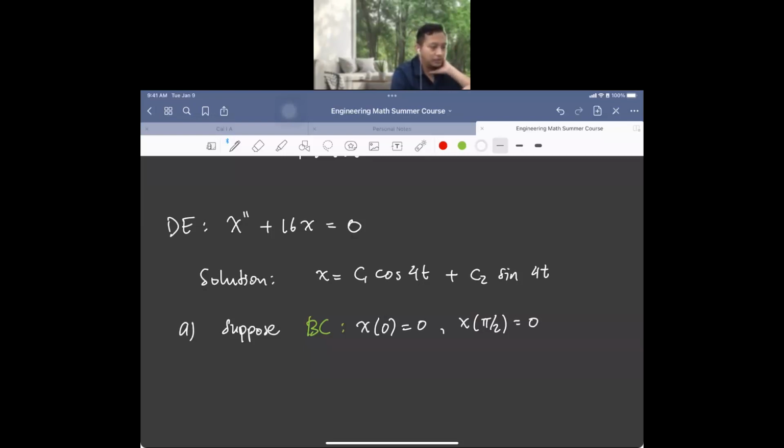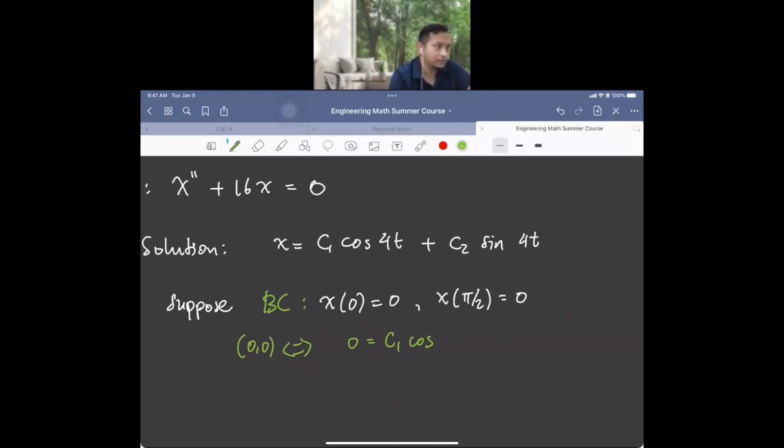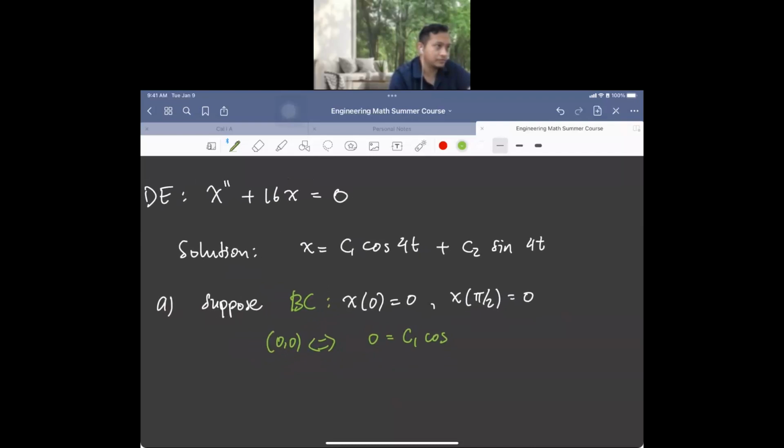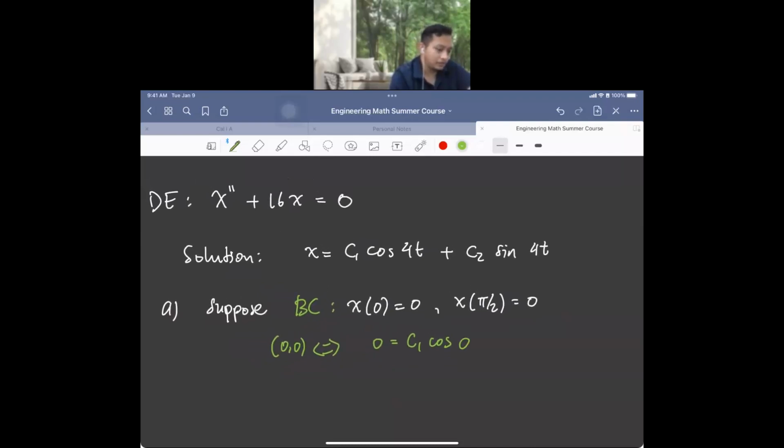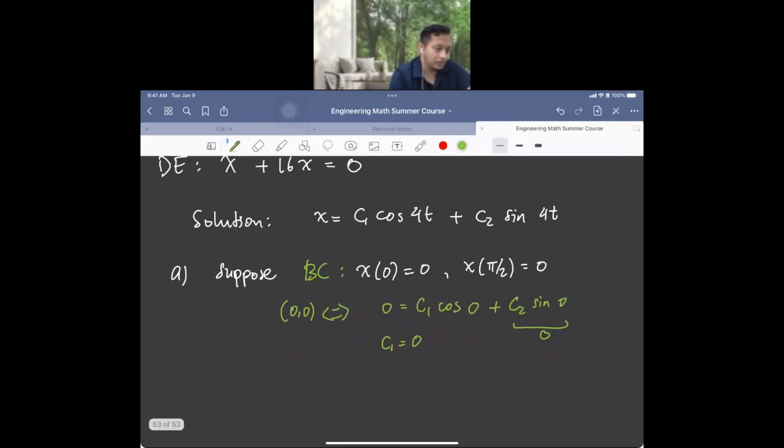Okay, now observe the first conditions. When x(0) is 0, this is c1 cosine 0 plus c2 sine 0. This becomes 0, so c1 becomes 0.